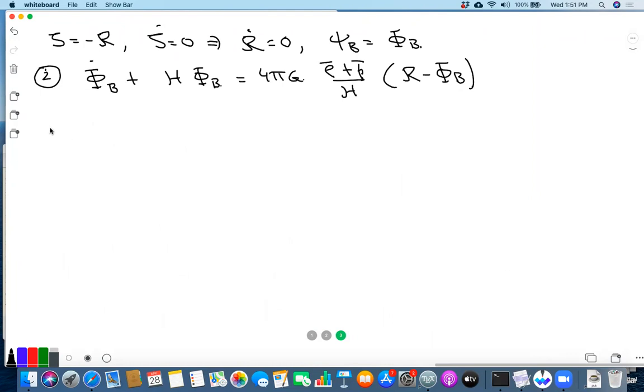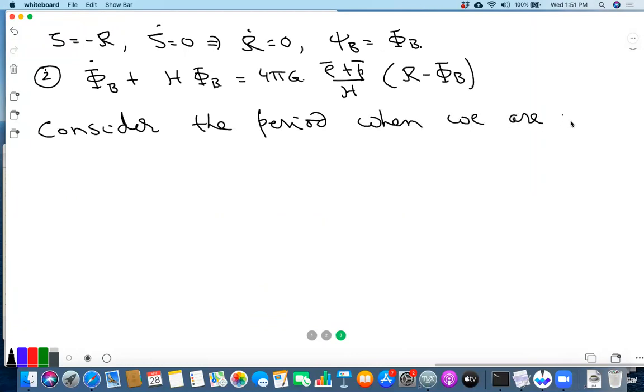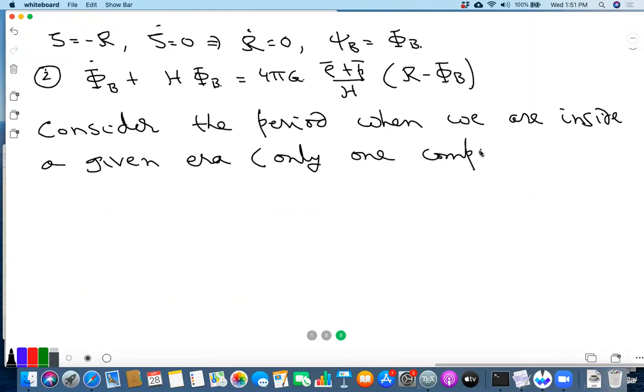Now let's consider the period when we are inside a given era, which means that only one component of T mu nu dominates, which could be matter, radiation, or a cosmological constant.